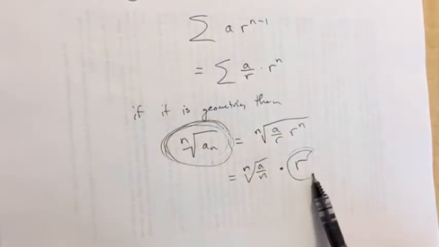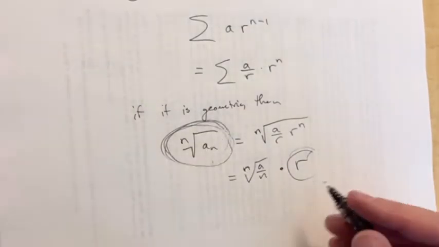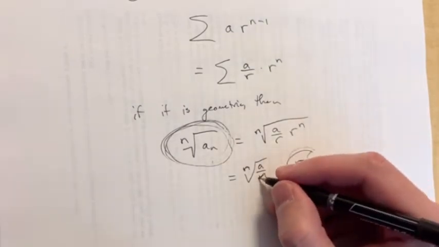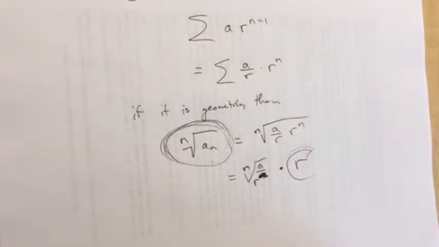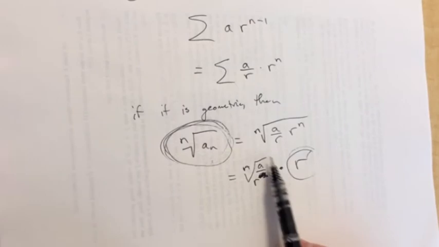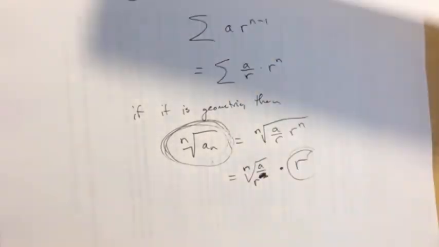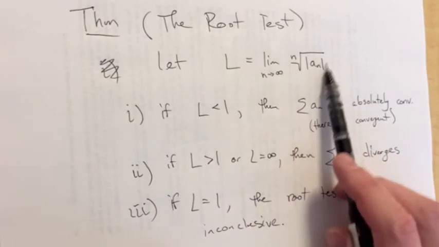Sorry, this down here should be an r. It's an r in this denominator. It doesn't really matter based on what I'm saying, but that should be an r down here. When you continually take these nth roots in the limit, the constant eventually becomes 1. When n is large enough, the nth root of any constant eventually becomes 1. And so what you get when you take this limit is just r. So that limit, this L here, in a geometric series, this L basically equals r.